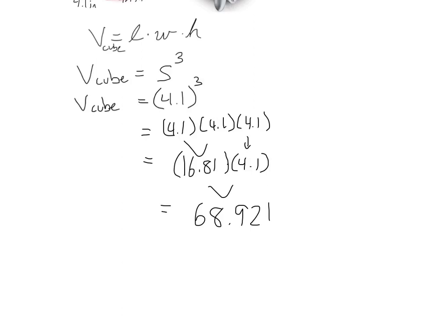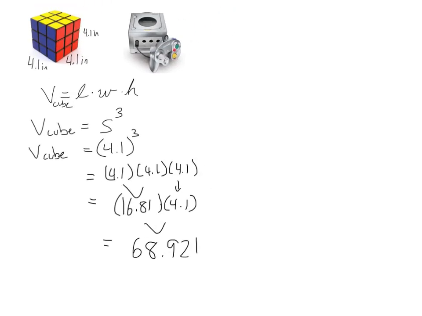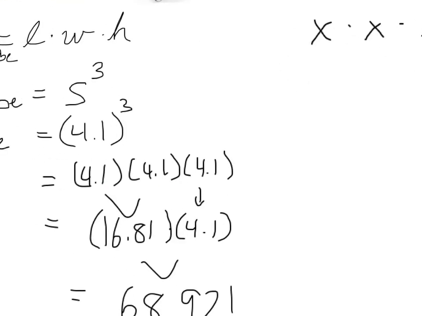Okay? Now, I know this is called a cube, so it probably gives us a little bit of a hint as to what our units are going to be. But let's think about this. We were talking about exponents, and I said, what's x times x times x? And you would say, oh, it's going to be x cubed. Well, what did I do here? Well, I actually took inches times inches times inches.